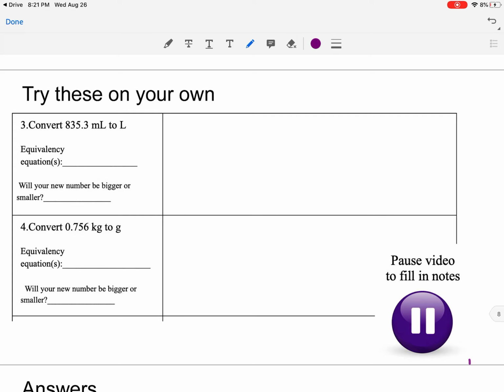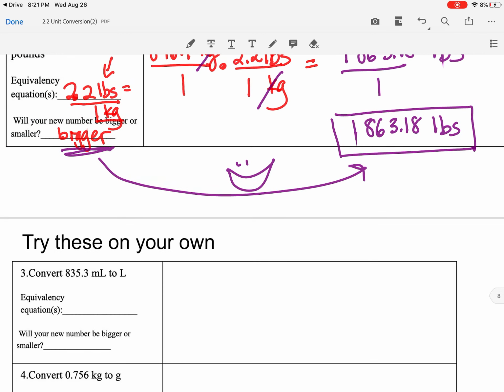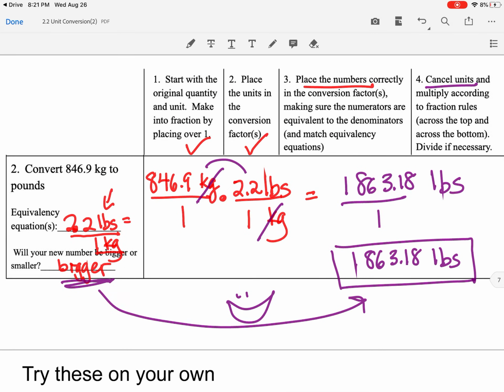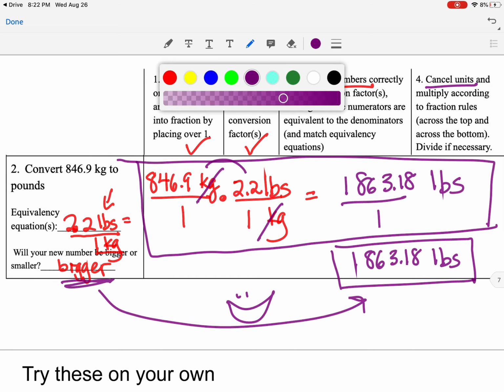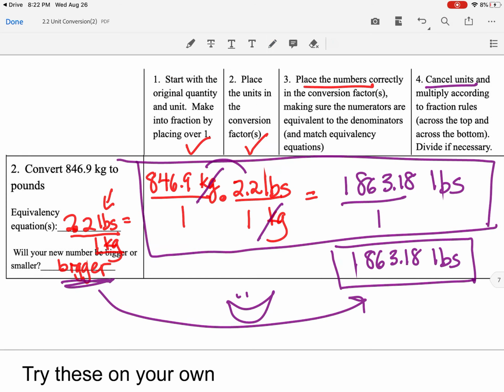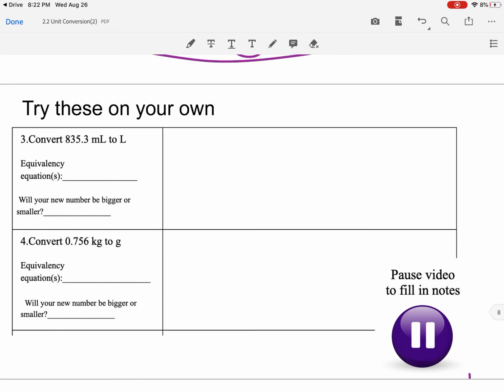Again, in order to get credit on these notes and on the homework assignment, you need to have your answers and your work shown, and have it look like this, where we're really writing the conversion factor and canceling. It should look like this, which is admittedly a little messy. Okay friends, pause the video.